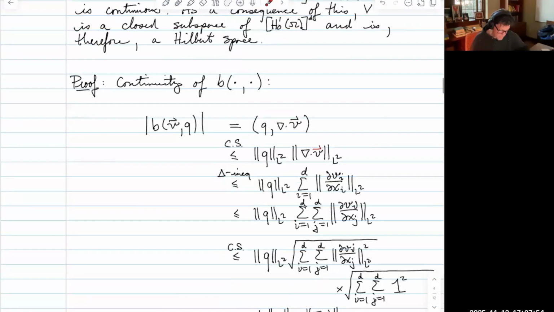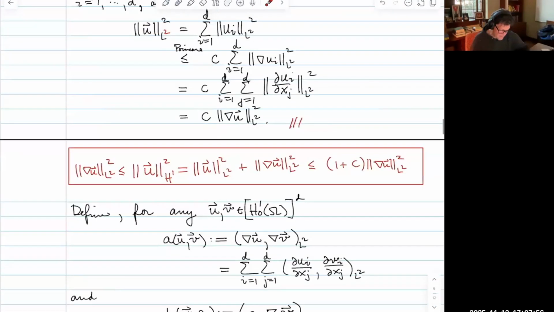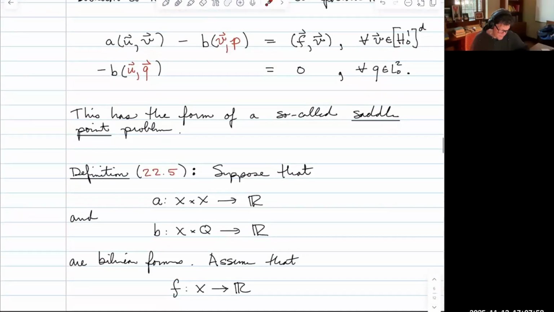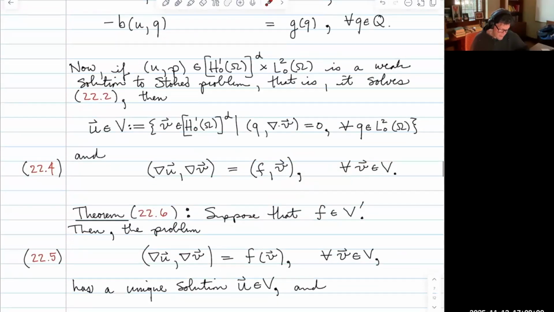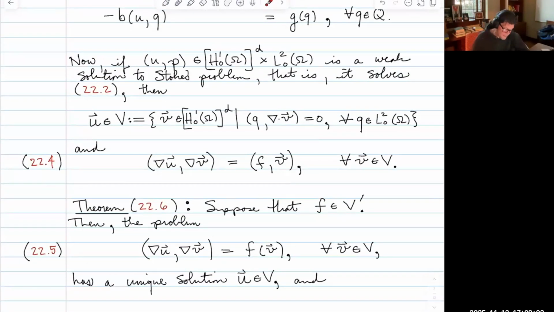Therefore, if I know that I have a solution to 22.2, then automatically U has to be in the space V. So that means if I restrict my test functions not to H01, but to the space V, then the equation that I have to solve is just this guy.